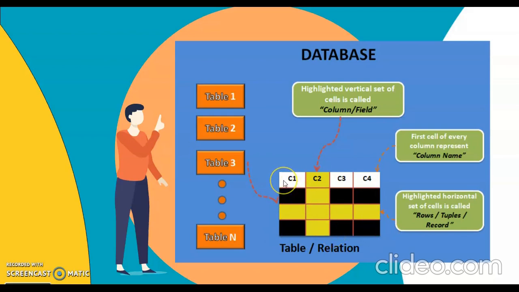Columns are also known as fields. I can say this is one field, this is another. The first cell of every column represents the column name. Rows are also known as tuples or records. Another name for a table is relation.